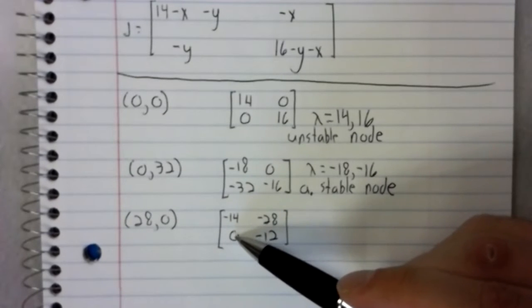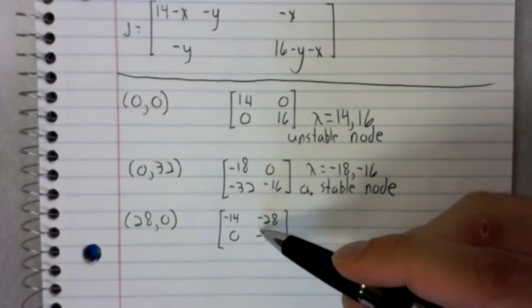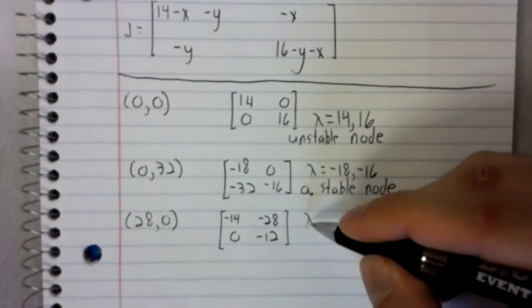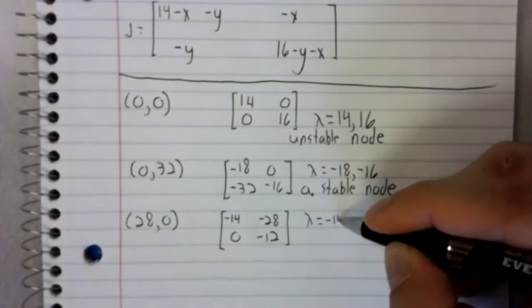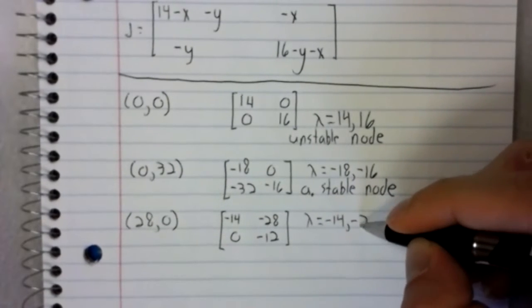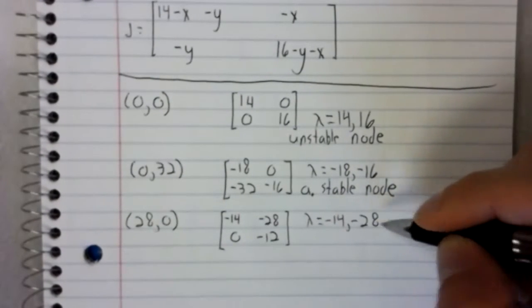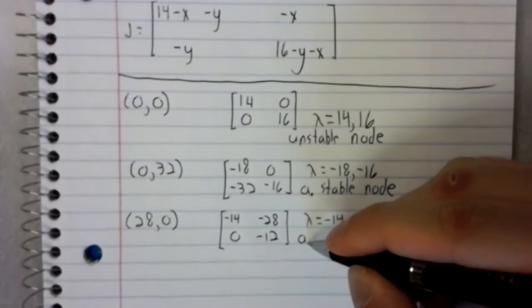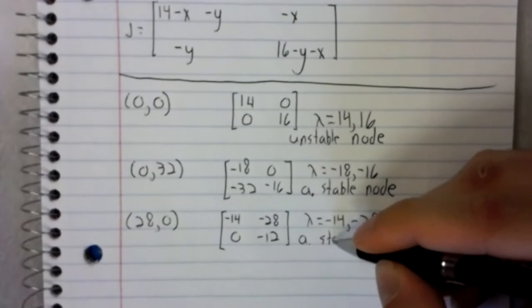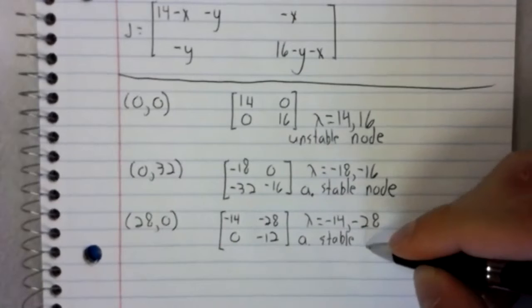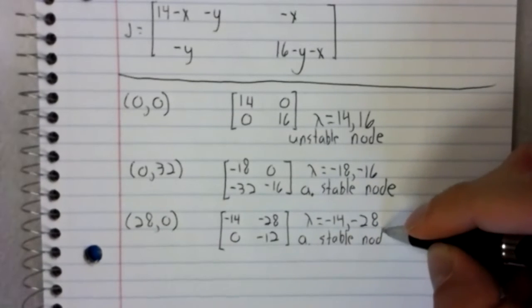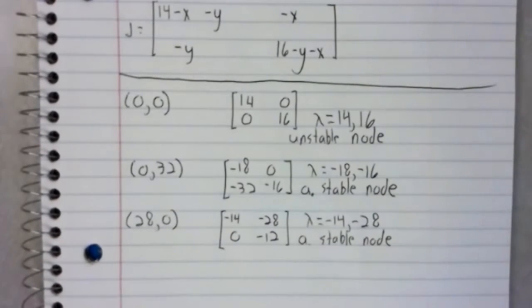This is 0, so these diagonal elements are the eigenvalues. And again, we've got an asymptotically stable node.